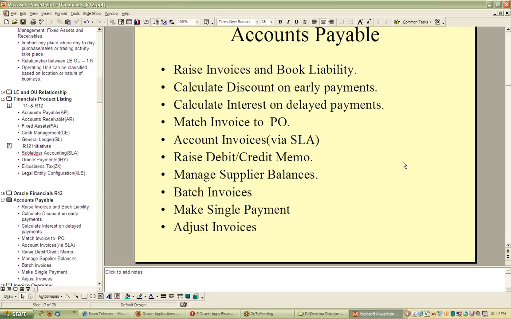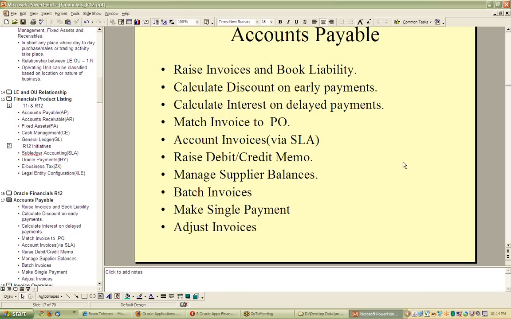Then, we have a concept of PO invoice matching. You heard of this PO invoice matching earlier? Is this between the legal entity and the operating units, or are we dealing with outsiders here? Please do not bring the legal entity into the picture.